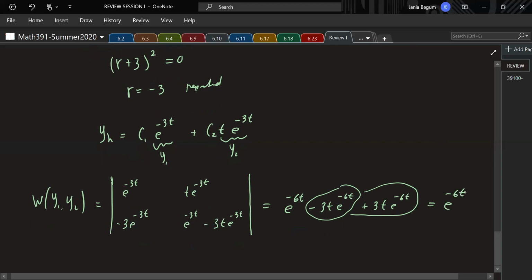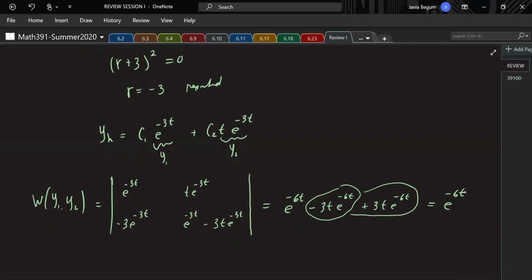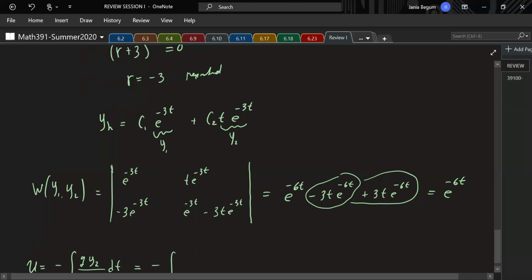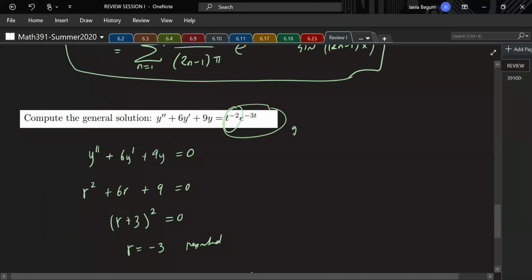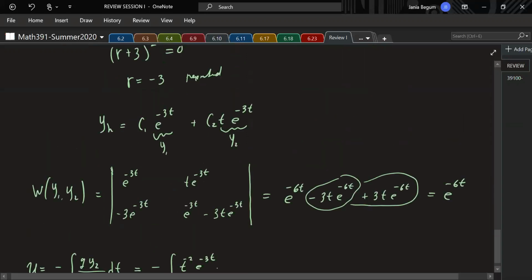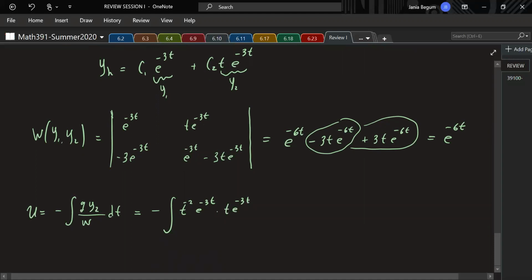Oh, that's nice. Now we have to figure out what u and v are, because the general solution would be u times y1 plus v times y2. That was the formula we wrote down. So u is equal to the negative integral of g times y2 over the Wronskian dt. G is the function we have here, g of t, so that's t to the -2 e to the -3t, times y2, which we labeled t e to the -3t, all over the Wronskian, e to the -6t.